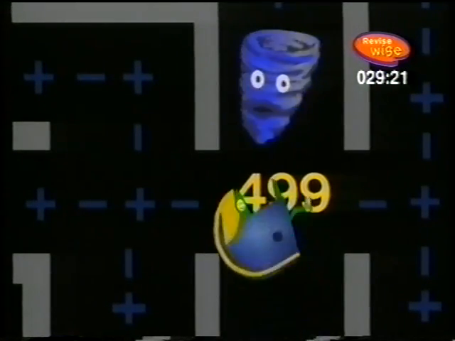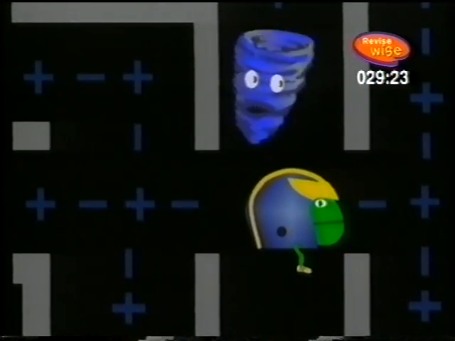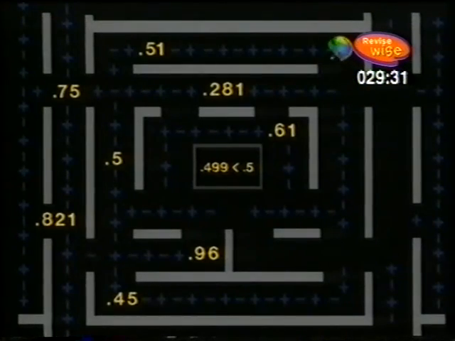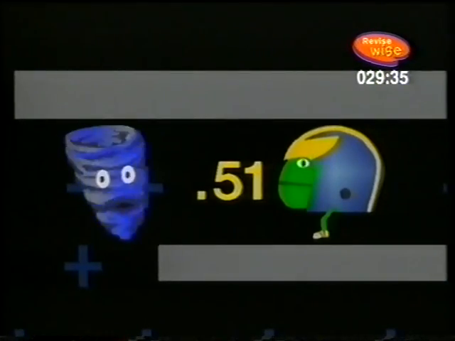That's less too. Yeah! Less than 0.5. Mathman, Mathman, Mathman. Wow. Must be less. Rats.